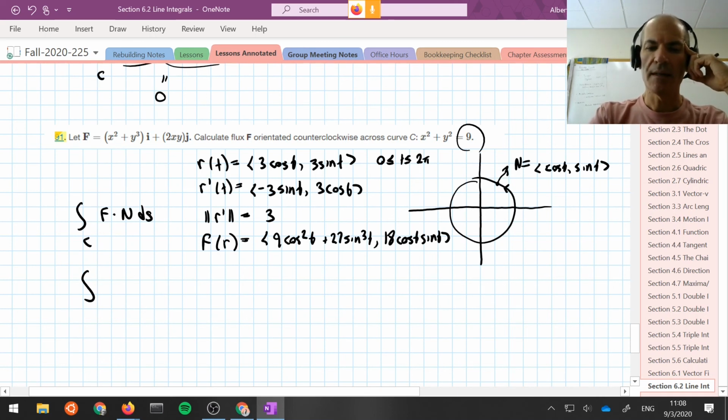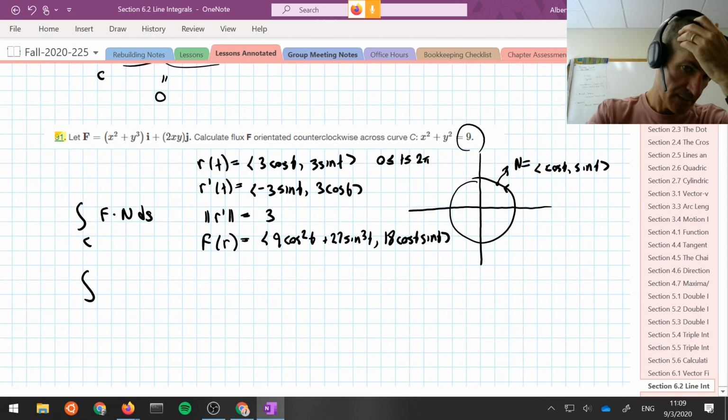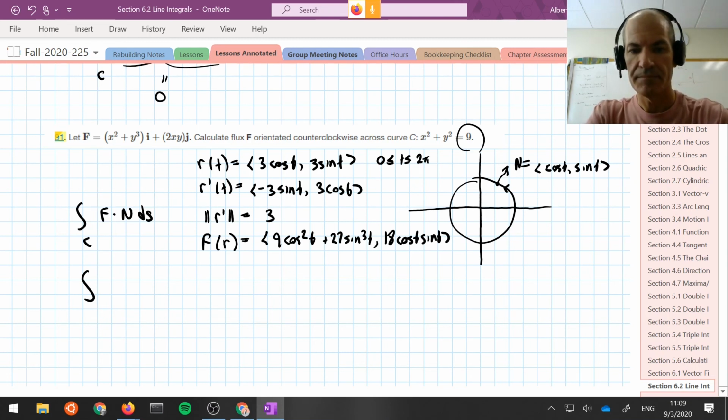And we need to dot that with the normal vector. So let's do that. Dotting that with the normal vector, boy, this is getting messy.